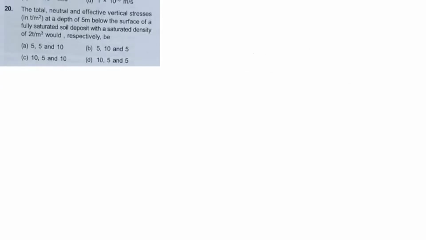The total, neutral and effective vertical stresses in ton per meter square at a depth of 5 meter below the surface of a fully saturated soil deposit with a saturated density of 2 ton per meter cube would respectively be.